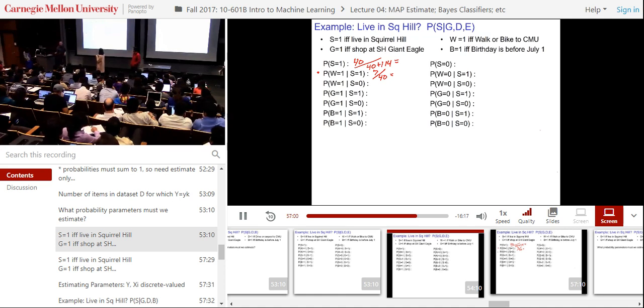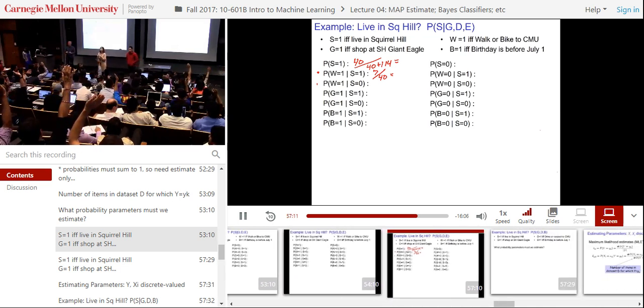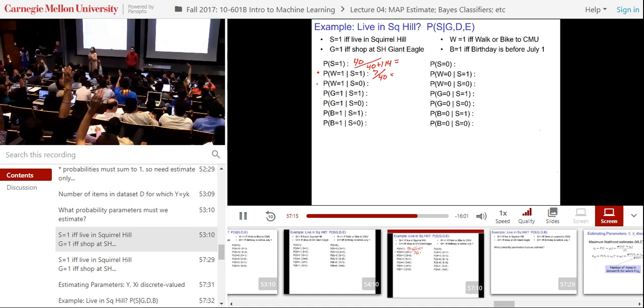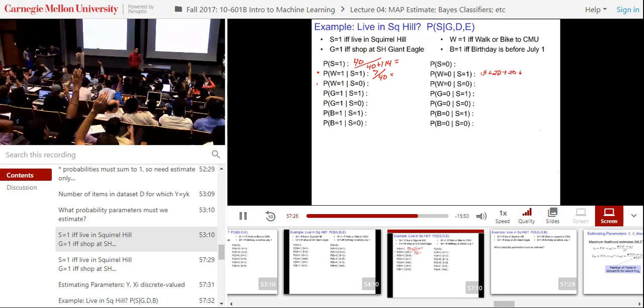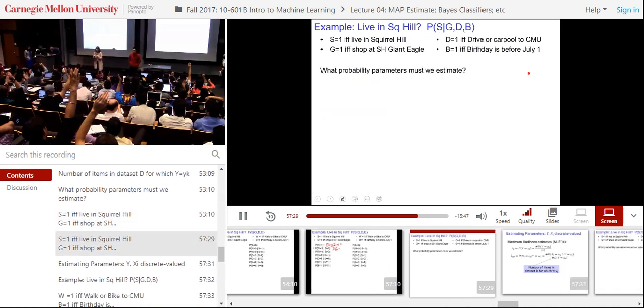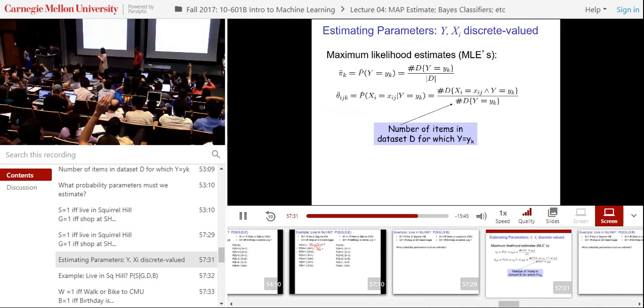Okay, and now if you do not live in Squirrel Hill, let's get the next one. If you do not live in Squirrel Hill, but you walk or bike to CMU at least once since July, raise your hand. 13? 20. 28?